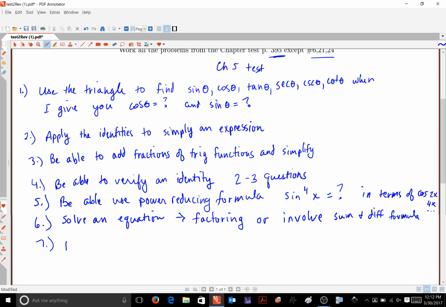You have to find exact values of sine 2x, cosine 2x, etc. It's going to be one of those given a triangle.